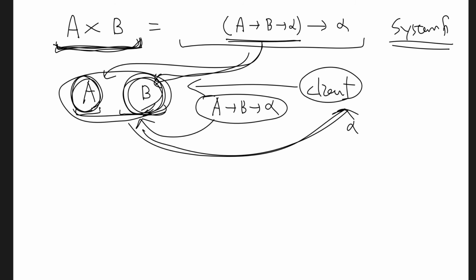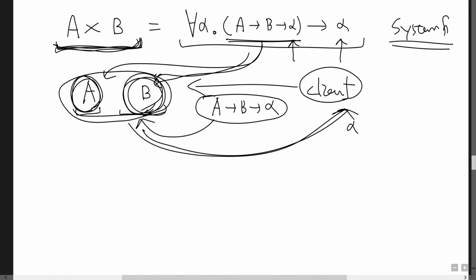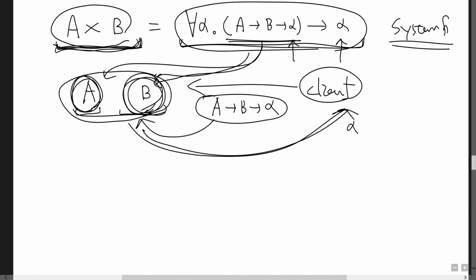Now, this idea becomes concrete at the level of types. This alpha is not given for free, so you have to introduce this type variable alpha. So finally, we have this encoding.